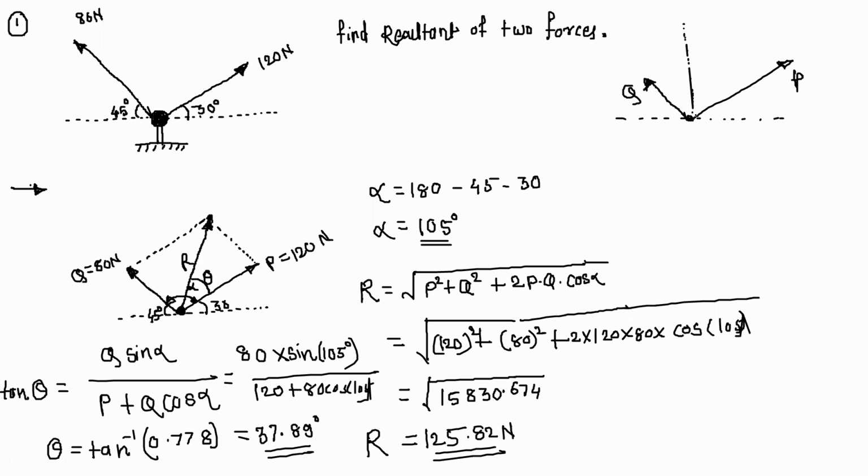This is a vertical line, no need to draw this line, it is just for your reference. This is the y-axis. This is the resultant. So if you construct the parallelogram, this angle will be theta, that is equal to 37.